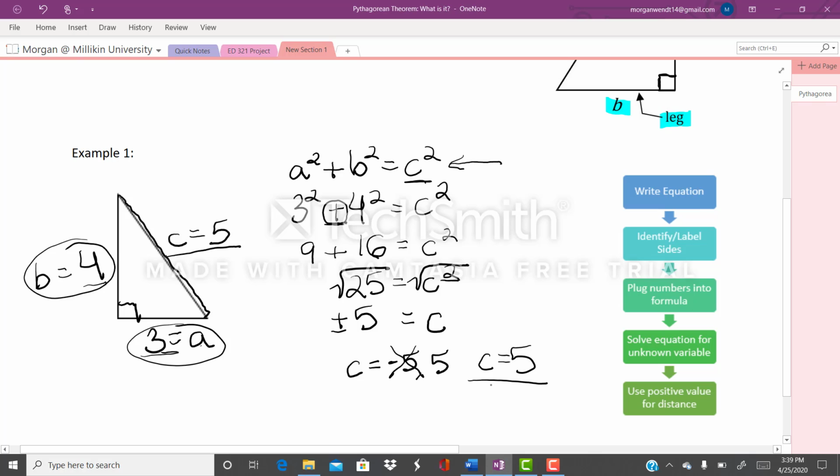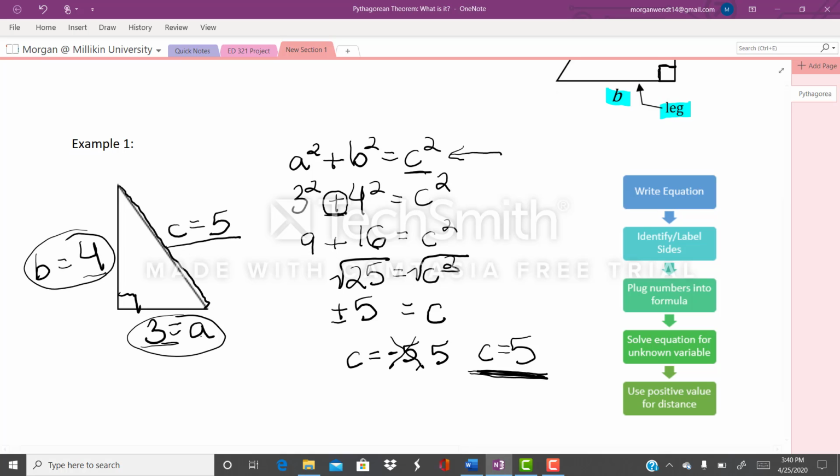And I choose the positive value for C because it does not make sense to have a negative value for C, because C is a distance and distance cannot be negative. So on the right is the process of how to solve these equations, and that's really the common generalized process that you all will be using to solve these types of problems.